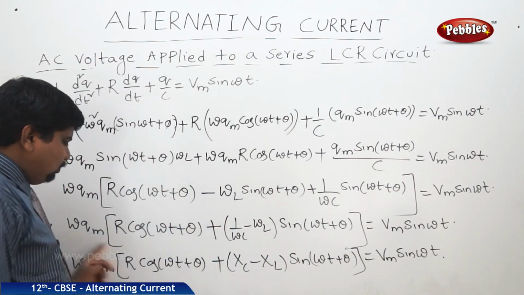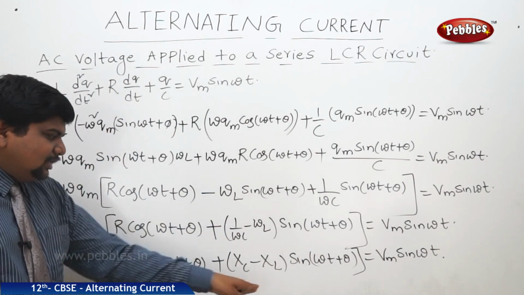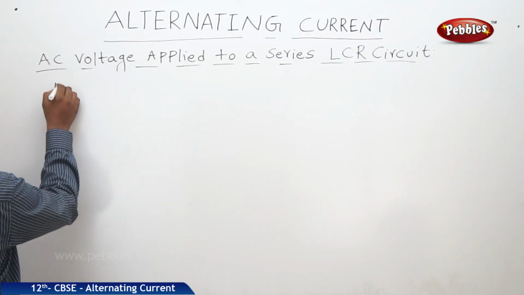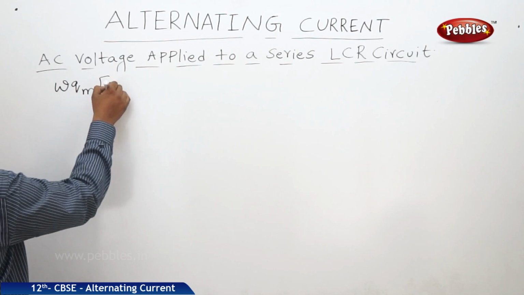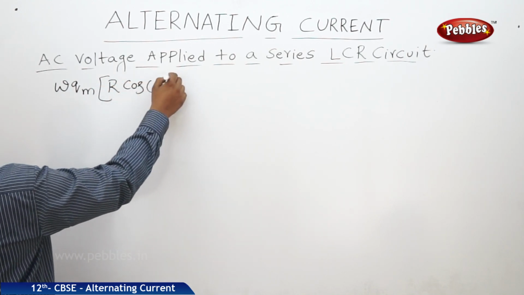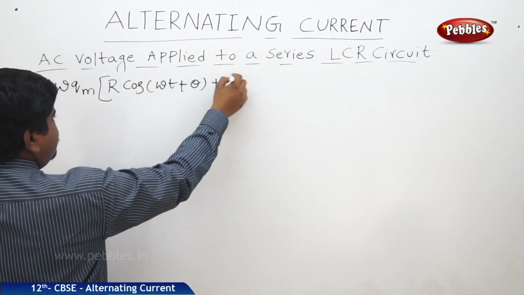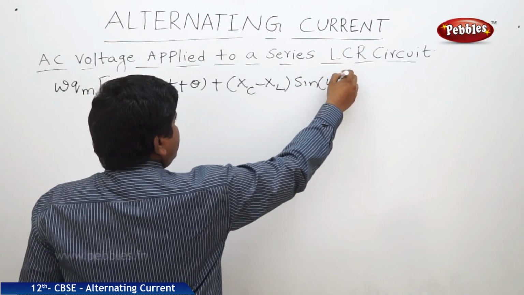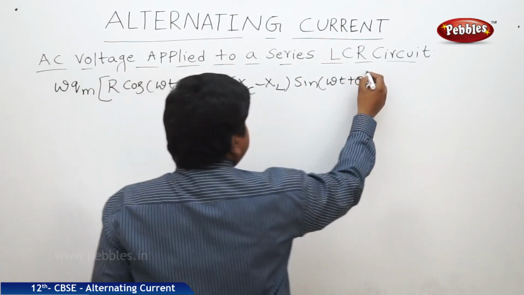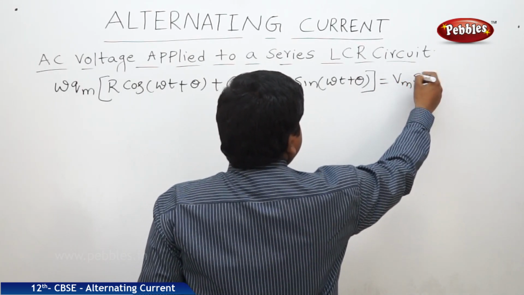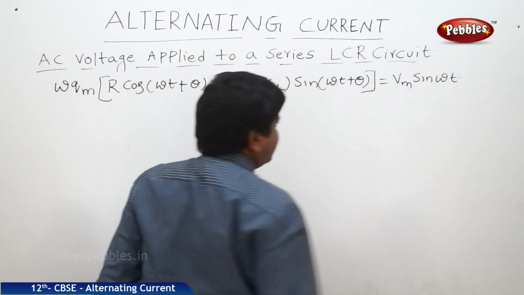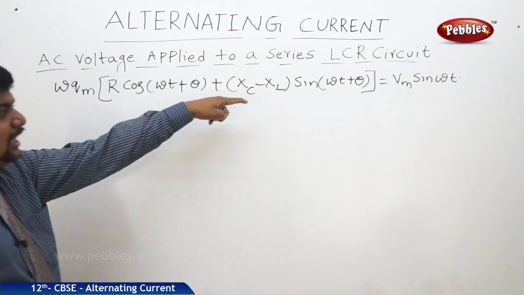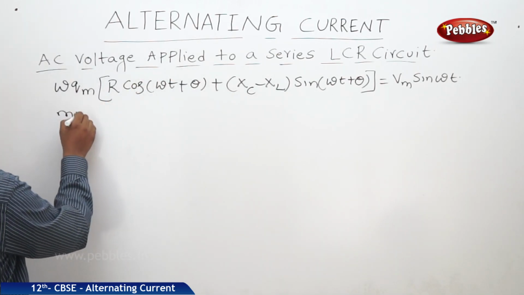Now we are solving this whole equation by taking R and XC minus XL as different terms. So we got an equation like this: ω qm into R cos(ωt + θ) plus (XC minus XL) into sin(ωt + θ) is equal to Vm sin ωt. I am multiplying and dividing with Z on the LHS of the equation.